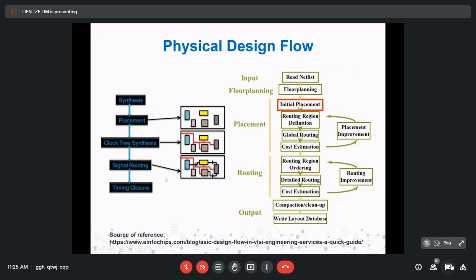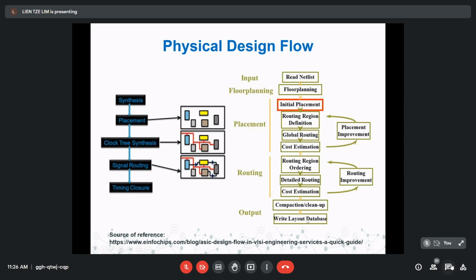The placements are actually about the macro or cells placement in a floor plan. This diagram shows what is meant by placement and routing. Each of the processes performs certain steps and has a purpose. All are stated here.